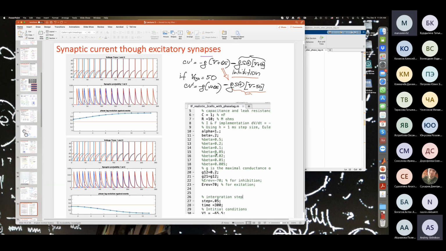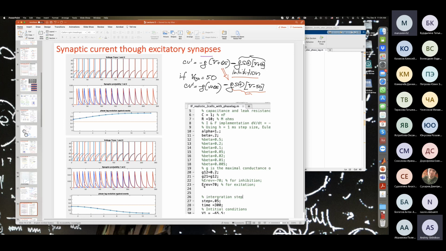In this file you have integrating fire cells. You can change the beta values, and that was basically a drill for students in the classroom to see how different beta values change the interaction between the cells, and you're welcome to do this too. This is the maximal conductance; I keep them equal. And then two lines over here.